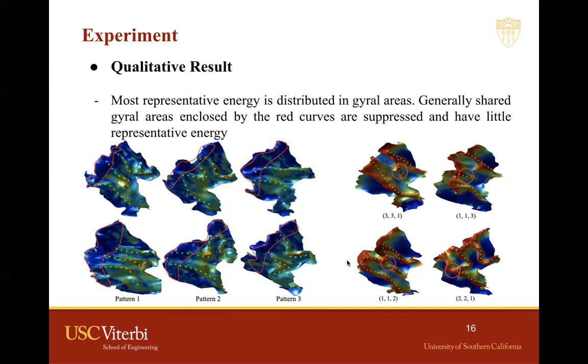This verifies that our model enhances the critical information and suppresses the unrelated information for better performance. On the right figure, I show some misclassified examples. The red circles indicate that these regions contain some ambiguous shapes for classification, and thus they are misclassified.